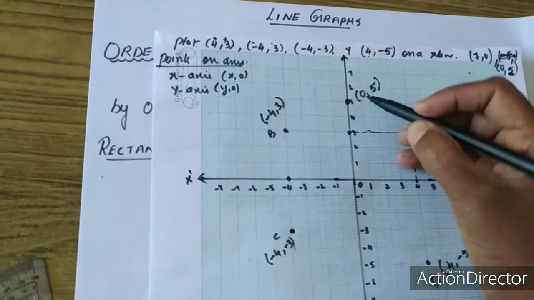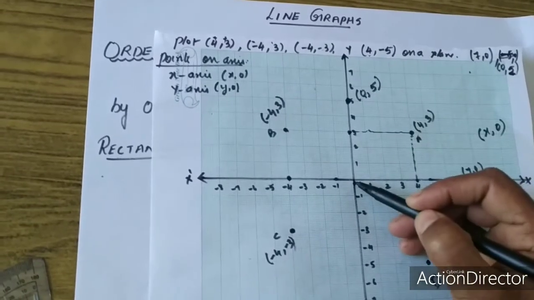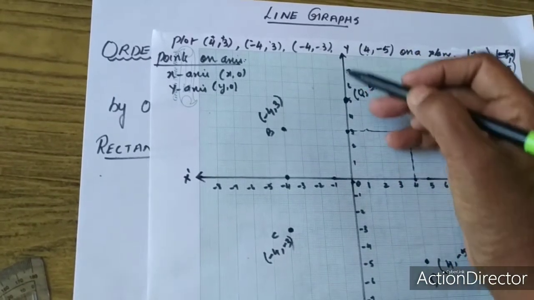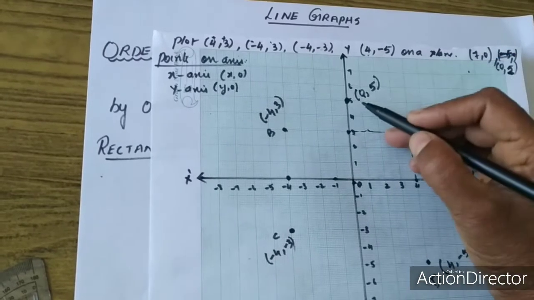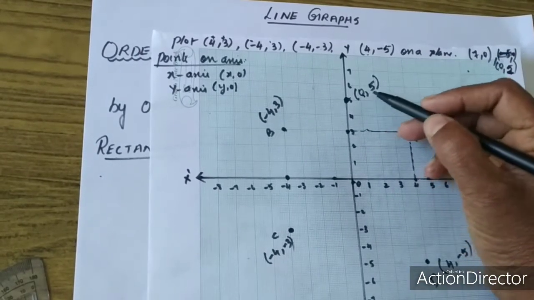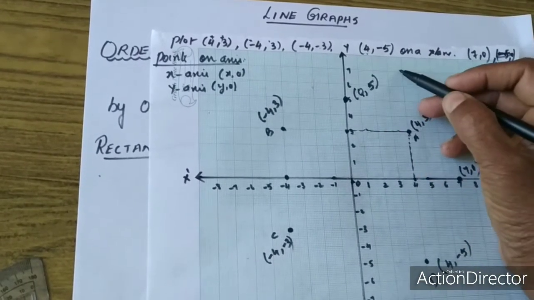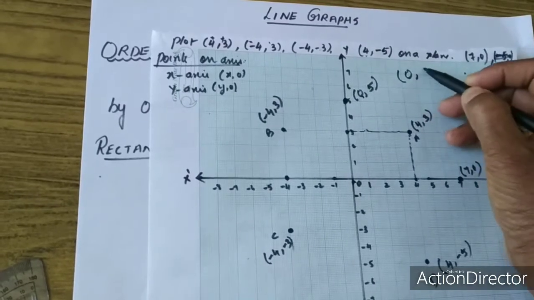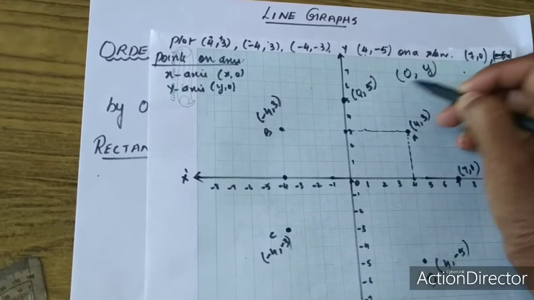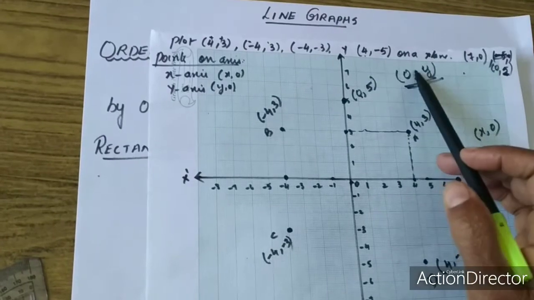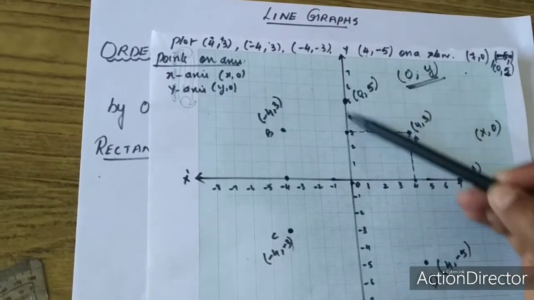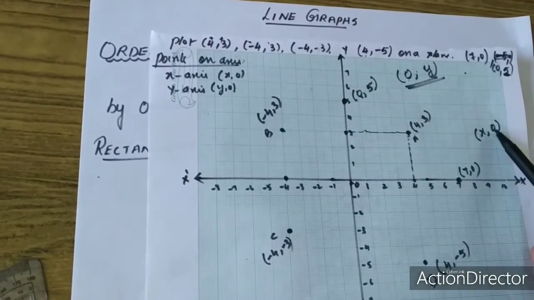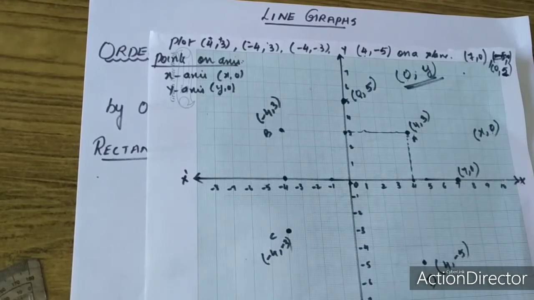So first is 0, x is 0 and y is 5, so it falls on the y-axis. So all points where x is 0 are of the form 0, y. This you should remember. If x is 0, it lies on the y-axis. If y is 0, it lies on the x-axis.